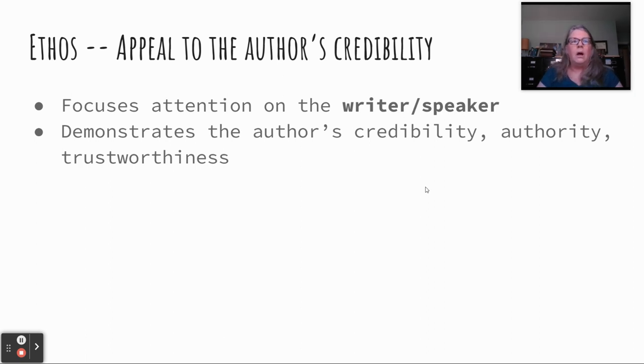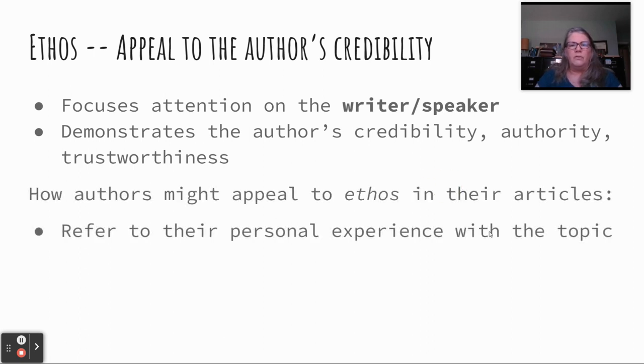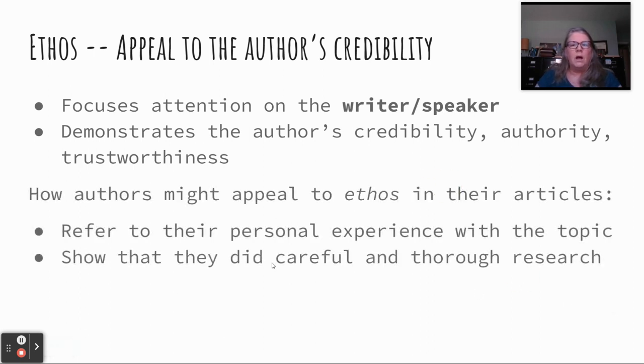I'm paraphrasing there. But it's when the author in their article, they refer to their background, their experience. Forbes doesn't really do that. I don't see it often in the articles that we work on in these classes, but once in a while you'll see the author referring to themselves and their background. All right, so they refer to their personal experience.